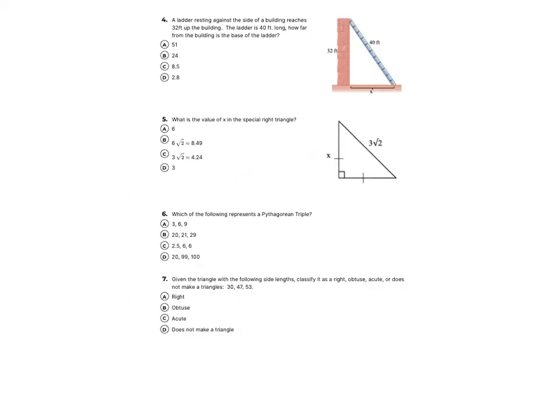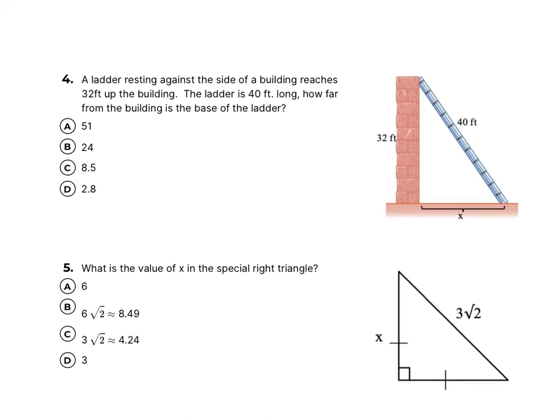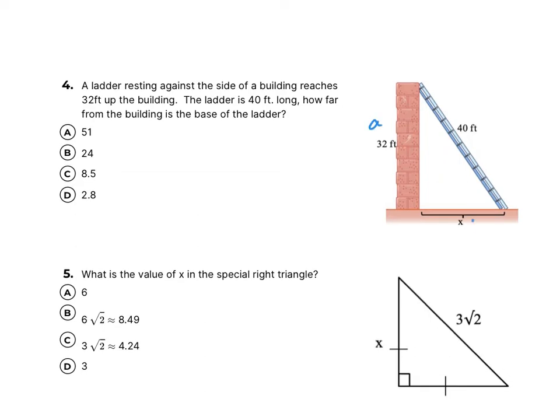On question number 4, I'm given a right triangle. One side is given and the hypotenuse is given. And I'm supposed to find one of the other sides. So if this is A, this is B, and this is C. To solve this problem, I use the Pythagorean theorem.